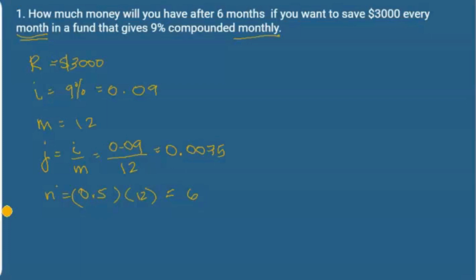All right, so let's plug this into our formula. How much money will you have after 6 months? So we need the future value. The formula is R times (1 plus j) raised to n minus 1 over j.